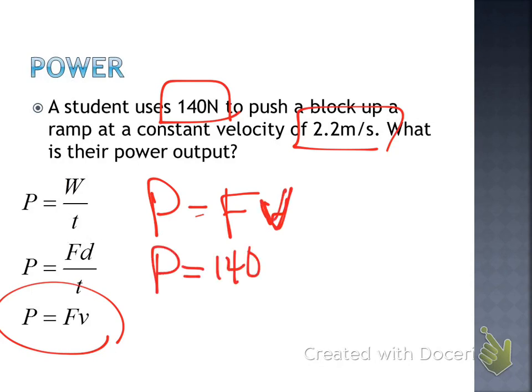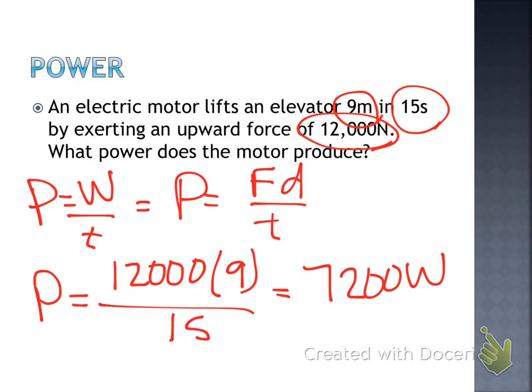Power is equal to 140 times 2.2. Cole, what'd you get? 308. Thank you. We could have gone ahead and solved 9 divided by 15 to just find our velocity and plug that in times our force, but we did it all in one equation.